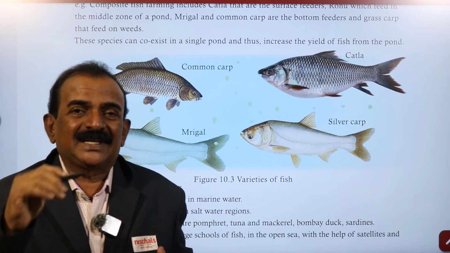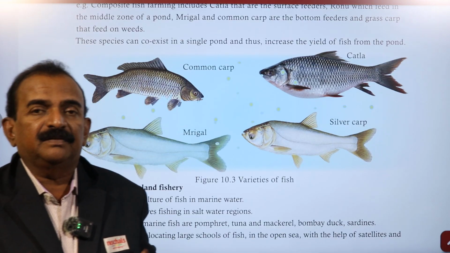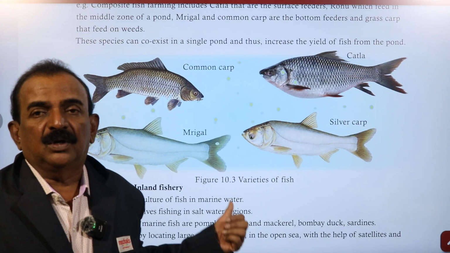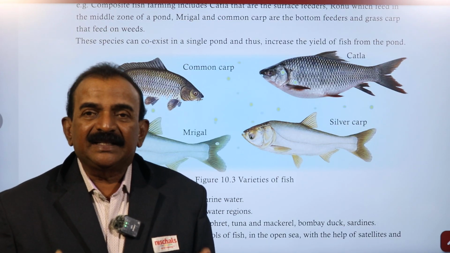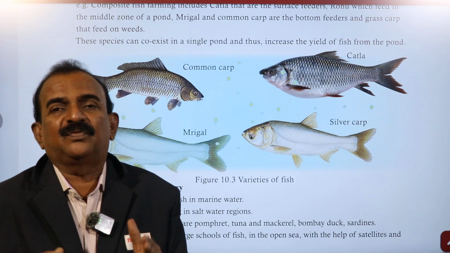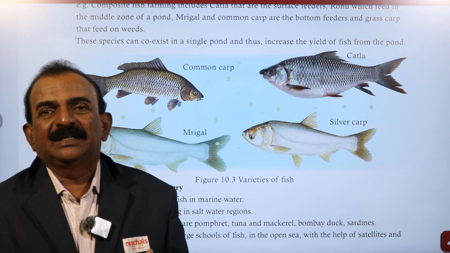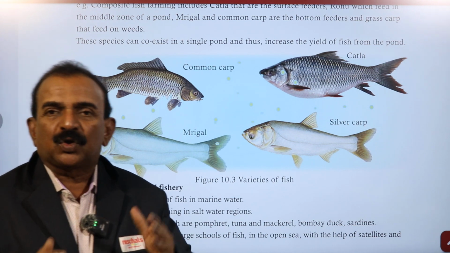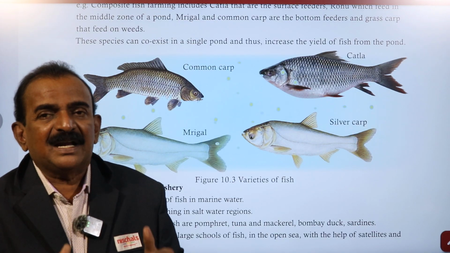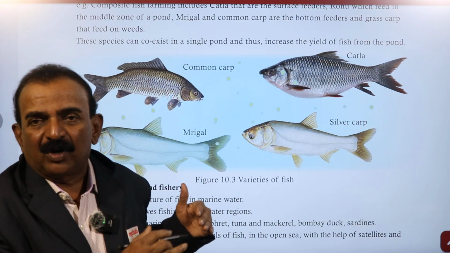For example, there we see catla, and in the middle zone also some of the fishes are there, and they are rohu, and at the bottom of the pond we see bottom feeders, and they are common carp and also regal, and some of the fish feed on the food that is available at the bottom of the pond, that is weeds, and weeds are also consumed by the fishes, which grow at the bottom of the pond.